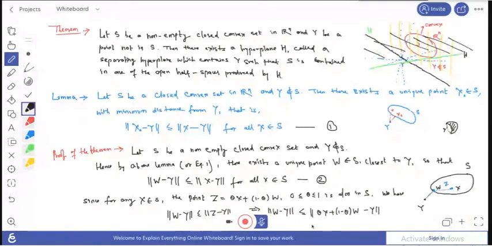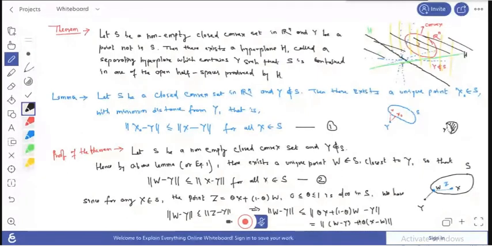If we solve this, taking theta common, this becomes x minus w minus y. So we can take w minus y, and plus, taking theta common, x minus w. This means the norm of this is less than or equal to this term.